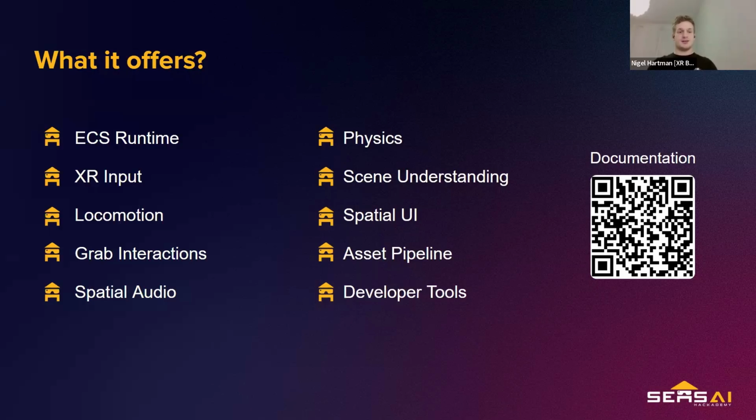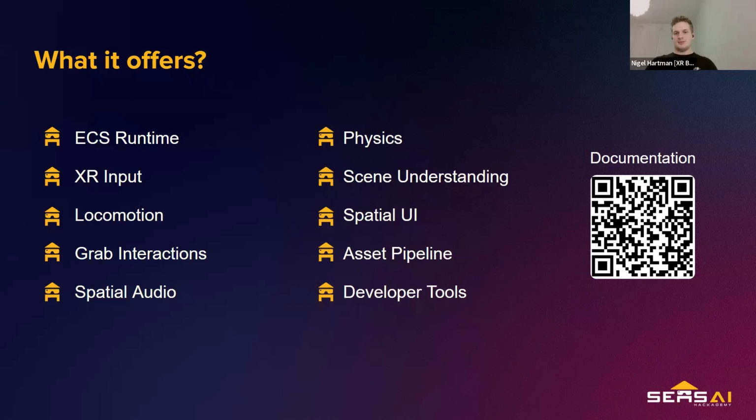You can move in any way possible, and it's really easy to access these functionalities. Grabbing interactions, hand interactions. There's even spatial audio already available, so three-dimensional sounds, which are automatically supported.